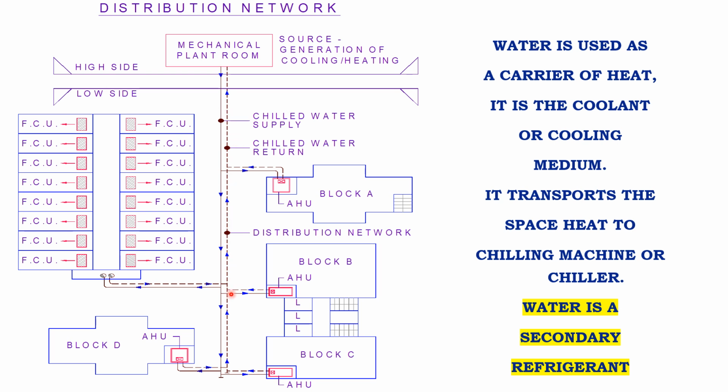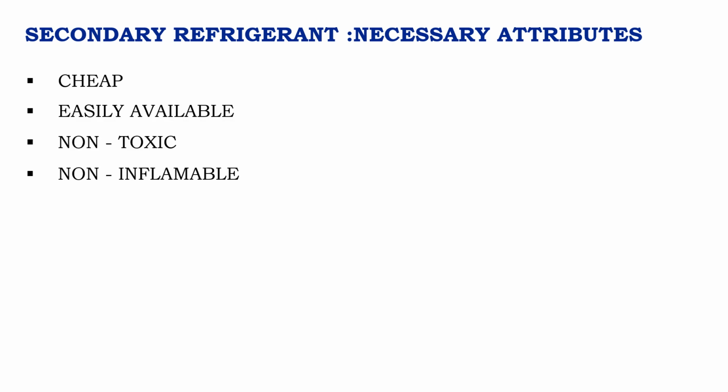In this particular system, you could see that the water is working as a secondary refrigerant. The primary refrigerant is the refrigerant in the chiller, and here water works to absorb and transfer the heat as a secondary refrigerant. So what qualities should any secondary refrigerant have? It should be cheap and easily available. It should be non-toxic and non-flammable.